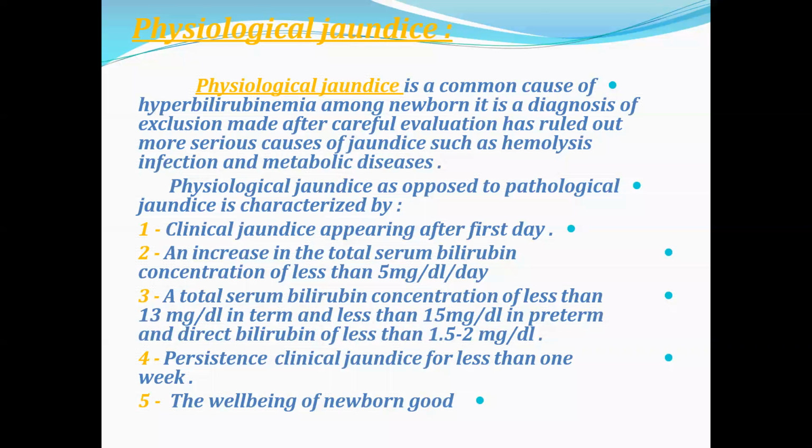This is diagnosed by exclusion, after careful evaluation has ruled out other more serious causes of jaundice, such as hemolysis, infection, and metabolic disease. As we say, up to 80% of newborns develop jaundice after birth.